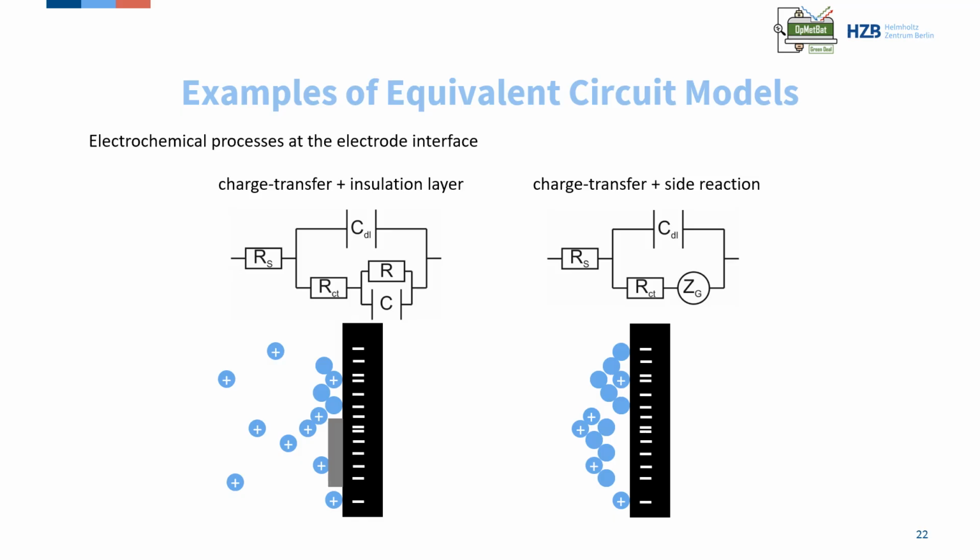Another case is the influence of other side reactions on the charge transfer processes, which cause a lower presence of ions at the electrode interface. These side reactions usually occur in the electrolyte and can be represented by the Gerischer impedance.